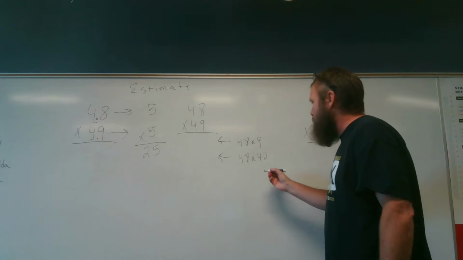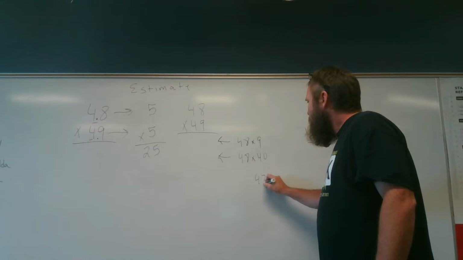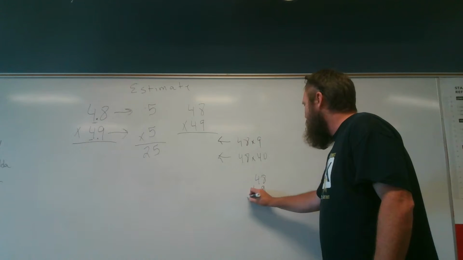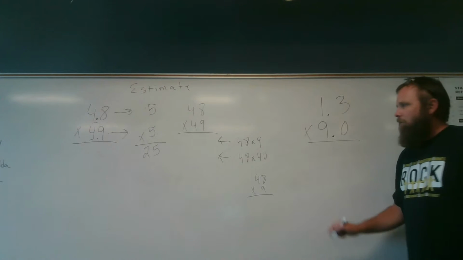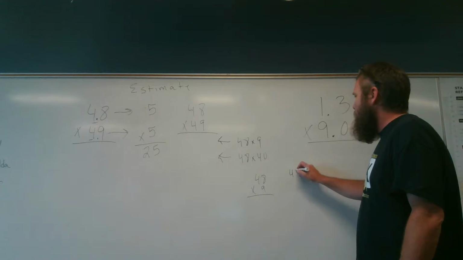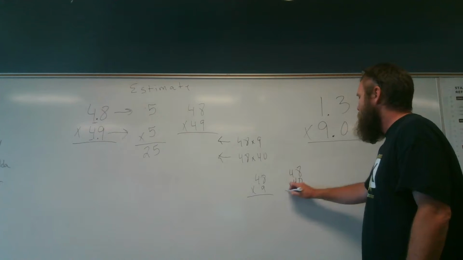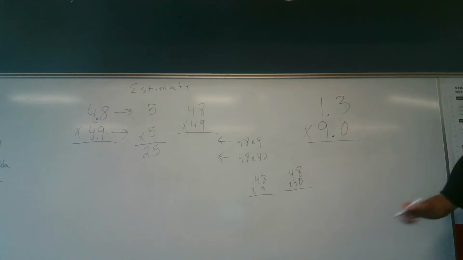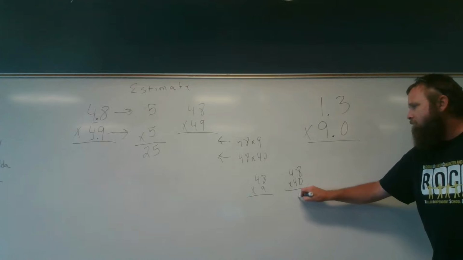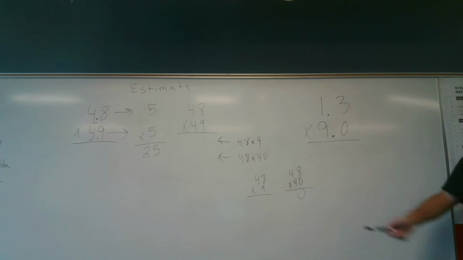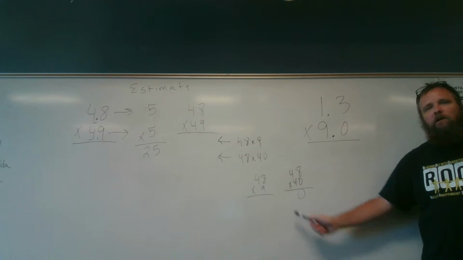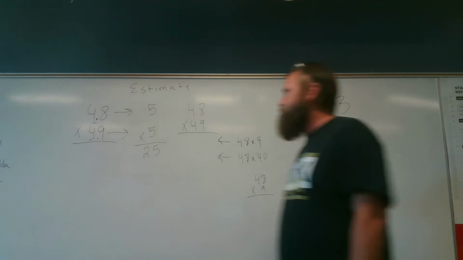So really all I'd have to do is multiply 48 times 9, which every single person in this room could do very easily, and 48 times 40, which everybody can do, especially since I know I can just bring this 0 down because now I'm multiplying in the tens place because there's 0 ones. And then all you have to do is multiply 48 times 4 and add those two products together.